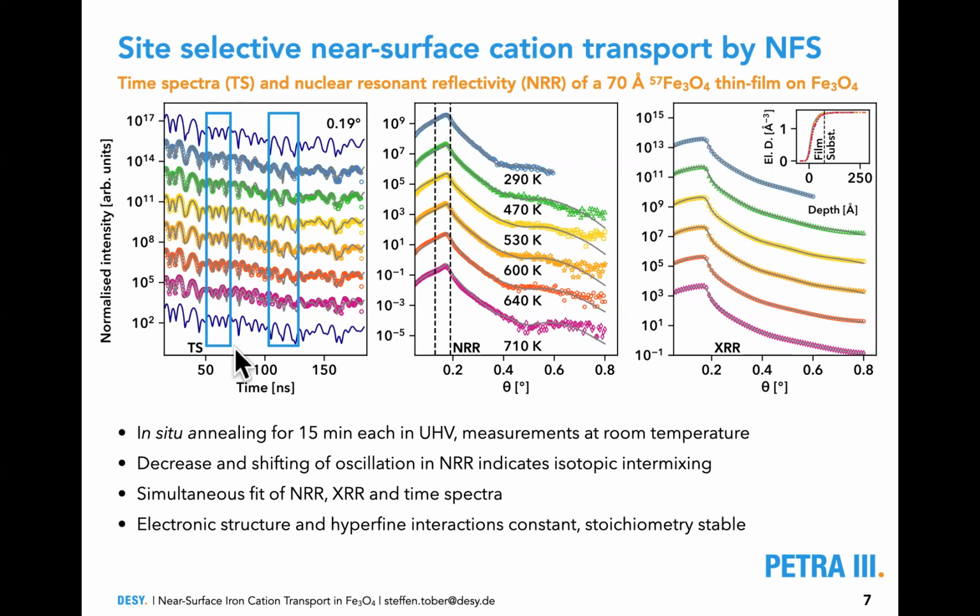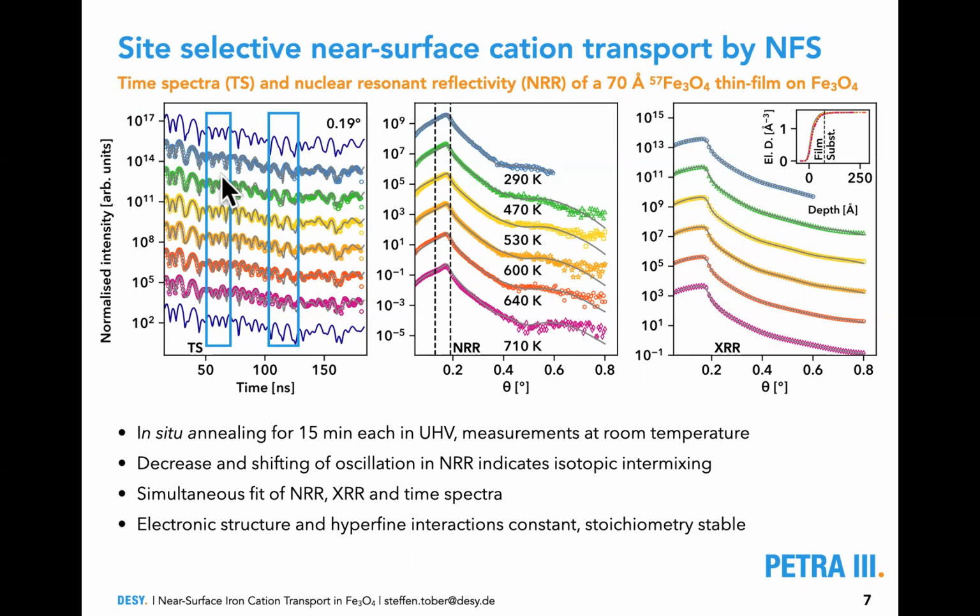And at first, I'd like to present you the time spectra we recorded in comparison with simulations I made for a perfect iron-57 ratio on the tetrahedral and octahedral positions. So this ratio should be 2 to 1. And then the time spectrum should look like this. And there are subtle changes in our sample, indicating that the ratio of iron-57 on tet and oct positions is not 2 to 1.